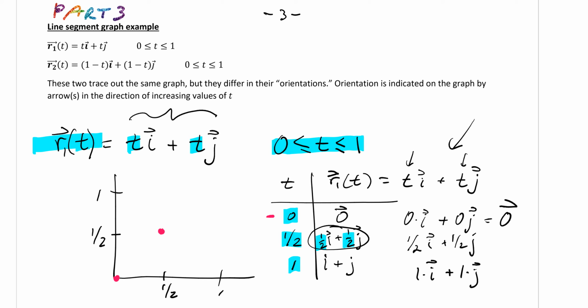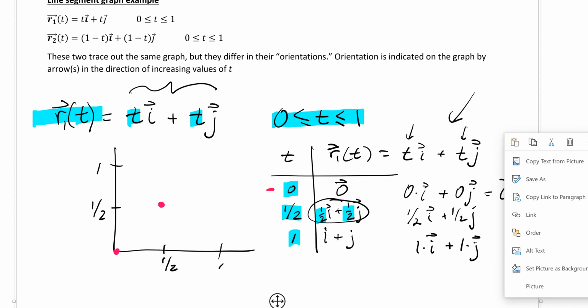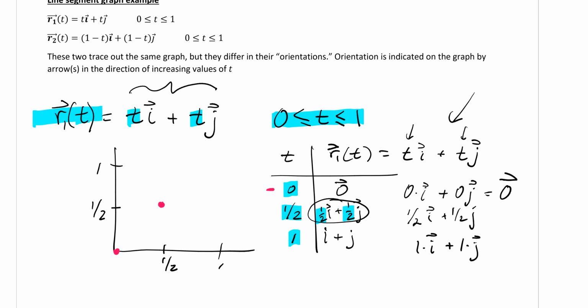But again, as we plot these, we're plotting the terminal points for various values of t. For this one, when t is equal to 1, we have i plus j. So that's 1 in the x direction plus 1 in the y direction, which is here, (1, 1). So as t goes from 0 to 1, the trace of this graph is starting at the origin, going like this.